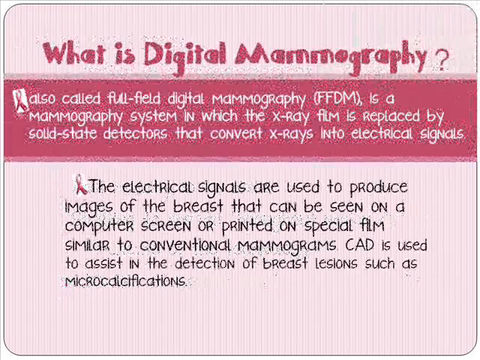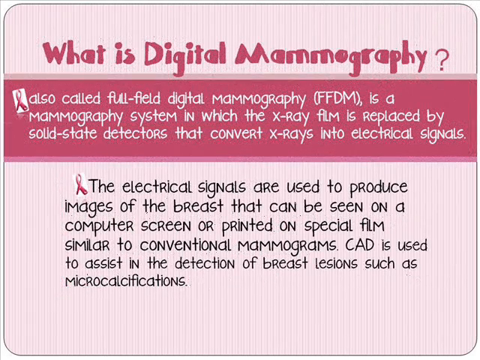So, what is actually meant by digital mammography? Digital mammography, also called full field digital mammography, is a mammography system in which the X-ray film is replaced by a solid-state detector that converts the X-ray into electrical signals.